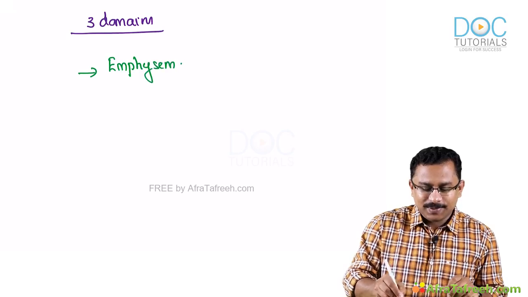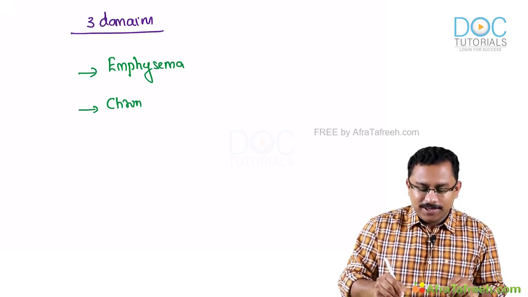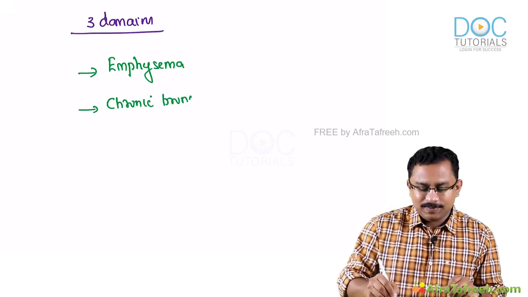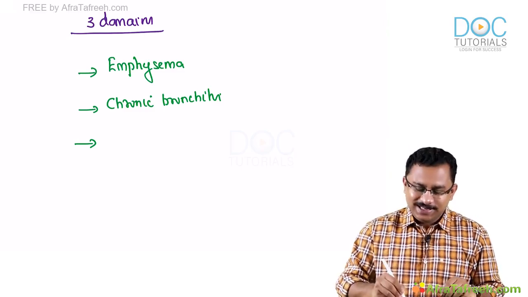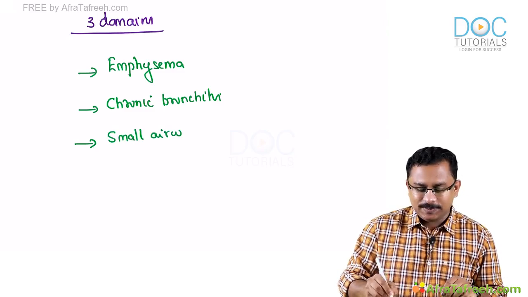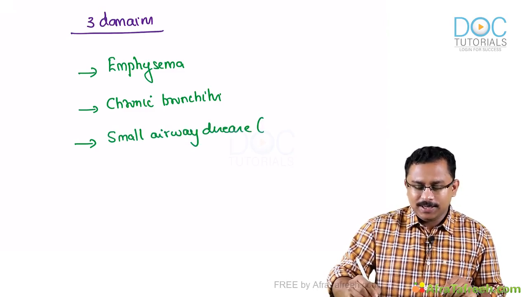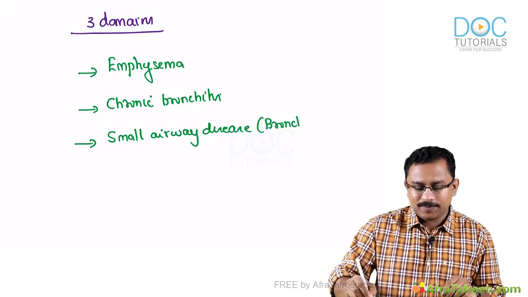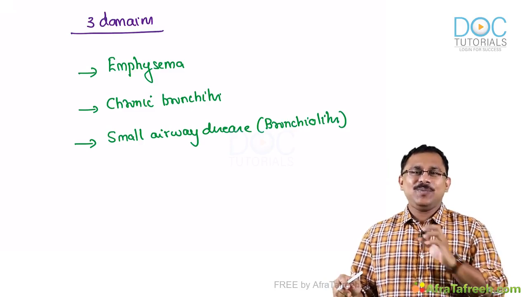You have another domain, that is chronic bronchitis. The first two are the most important ones, and you have also got small airway disease, which you call bronchiolitis. Now these are the three domains.